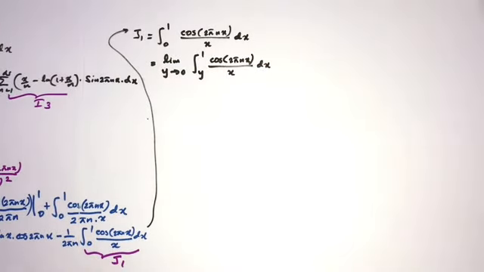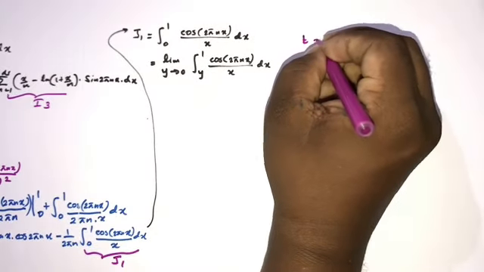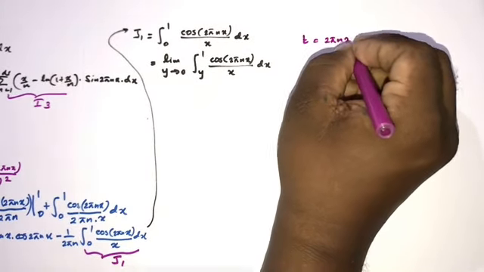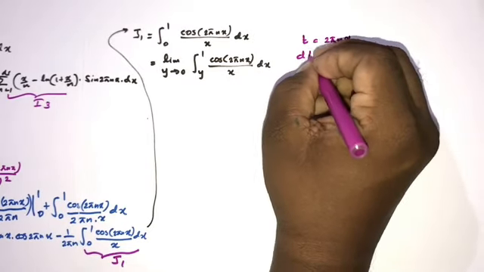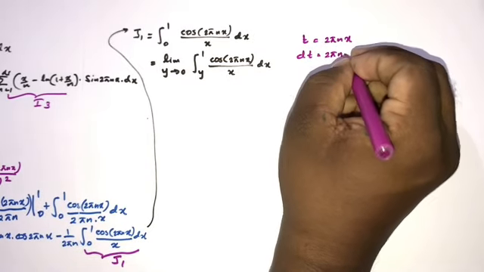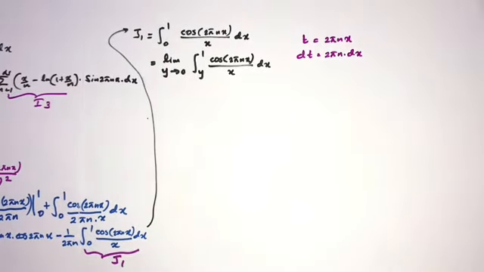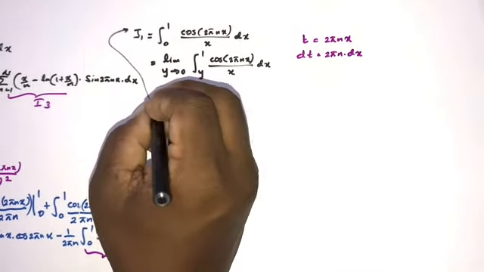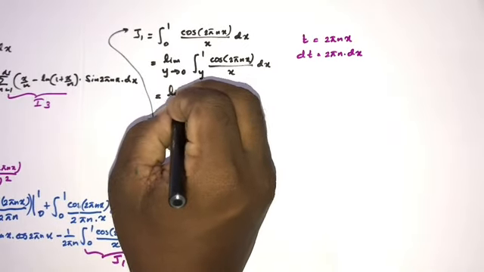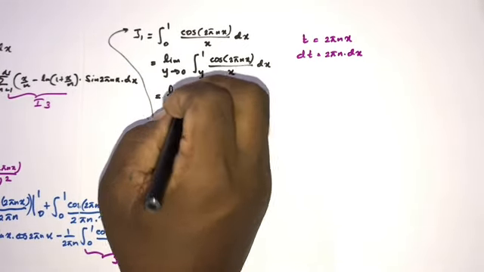Now we can take a substitution. I'm going to take t equal to 2 pi nx, then differentiate: dt equals 2 pi n dx. Now we can plug in here, so we can write the limit as y approaches 0.